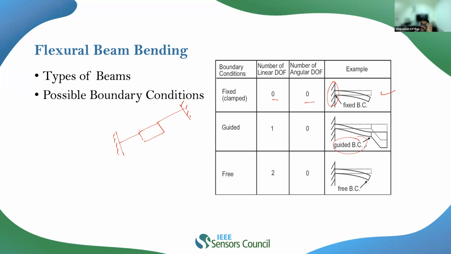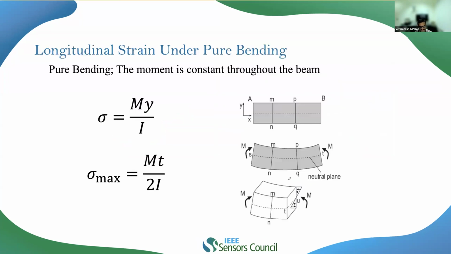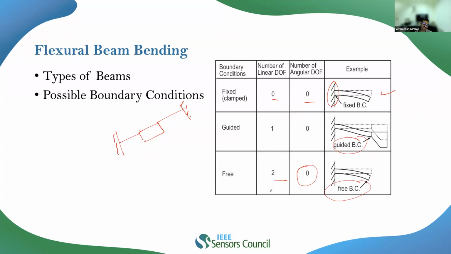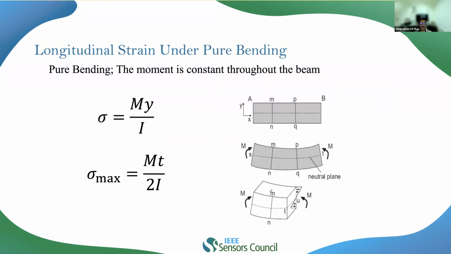On the other hand, if it's a guided support, then what happens? It is allowed to translate, but it can't rotate at the guided support. On the other hand, if it is a free end, then it can undergo translation in the two directions, but it can't undergo rotations. So one can get several boundary conditions associated with it.